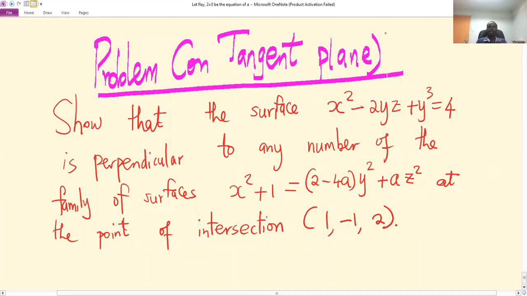Welcome to this session. This session is to solve a problem involving two surfaces, or a surface and the other family of surfaces, given by the equation specified by this, and then this other question.